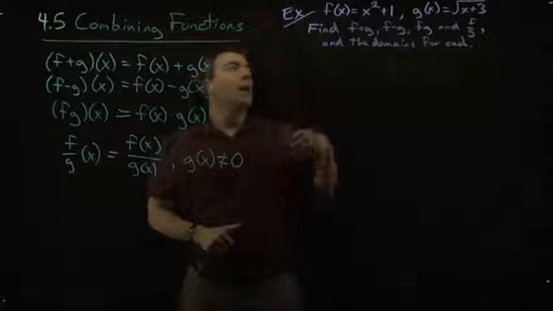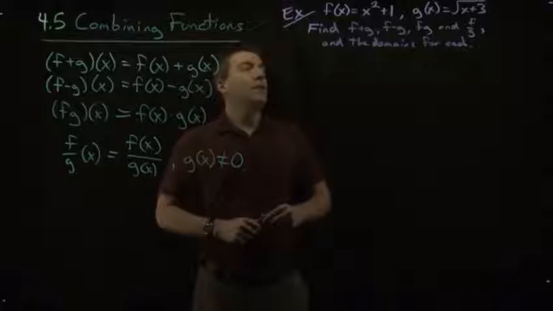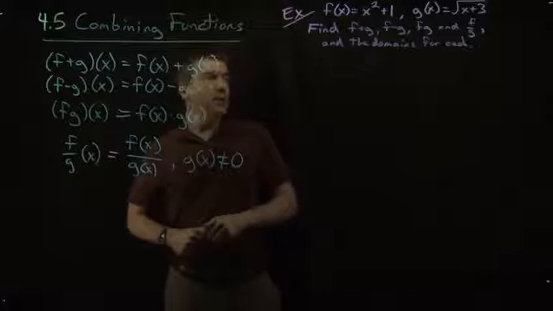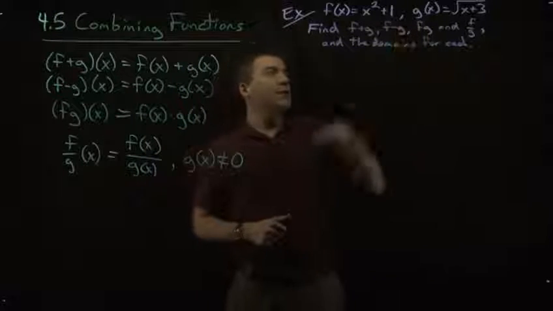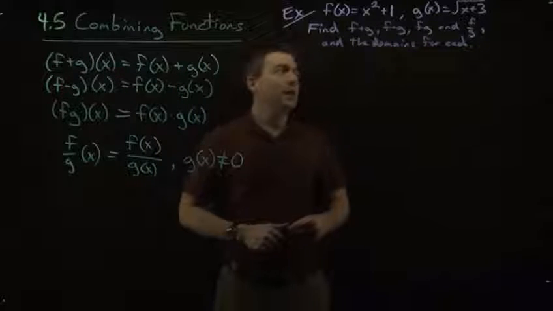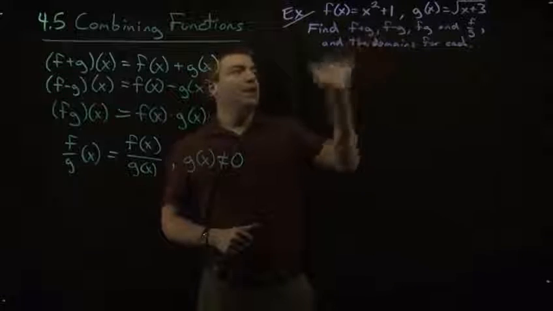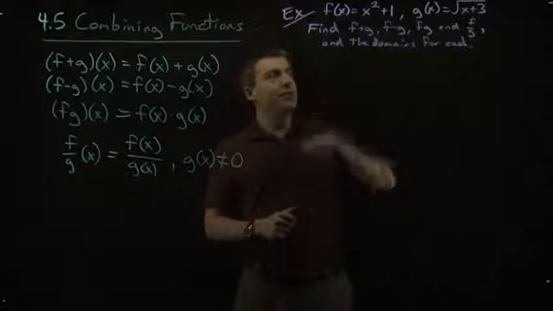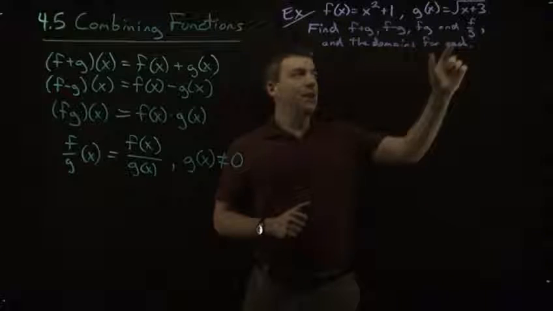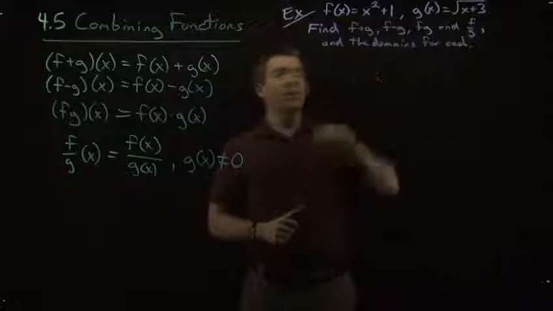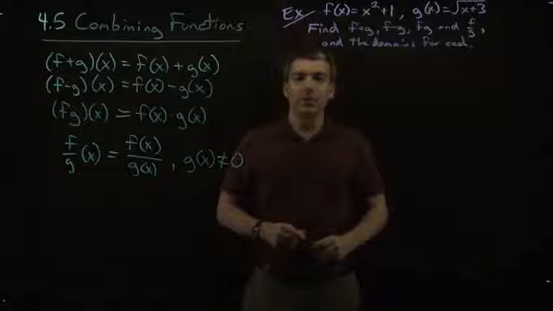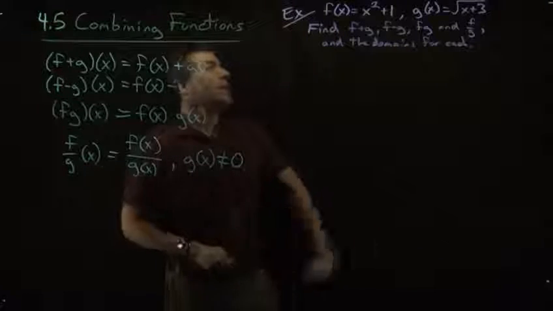So here we have two functions. We have f of x equals x squared plus 1, and g of x equals the square root of x plus 3. We're going to find f plus g, f minus g, f times g, and f divided by g, and then we'll state the domains for each. All right, let's do that.